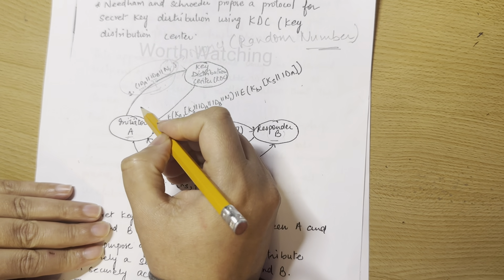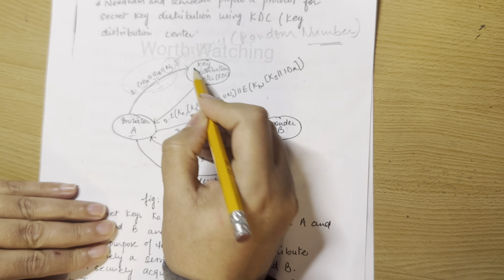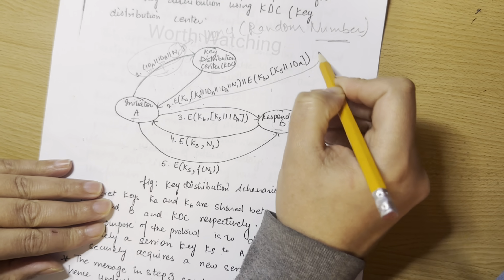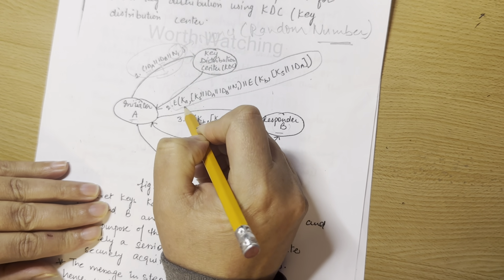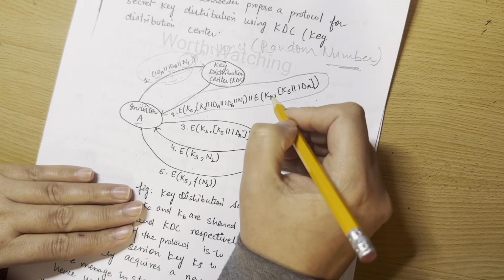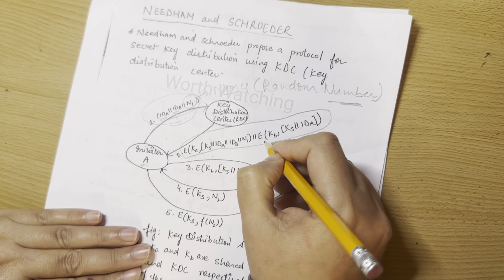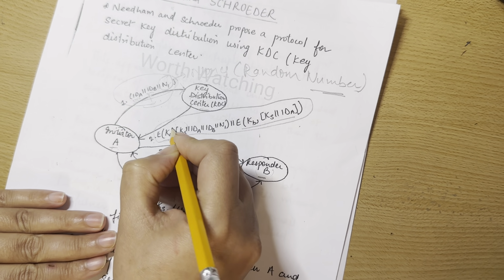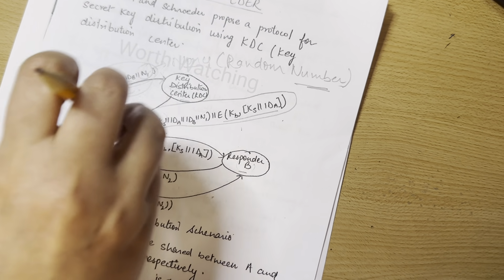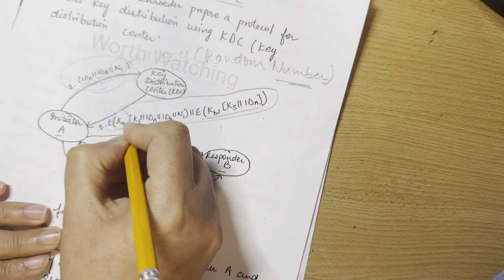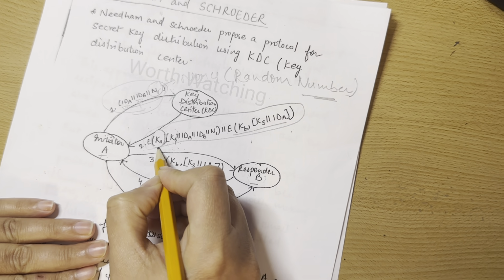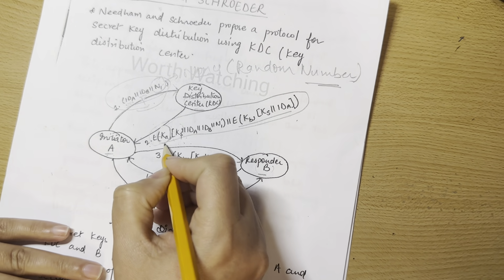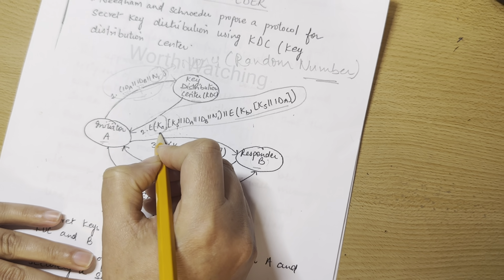So first Alice sends this message to the KDC, and the KDC in return sends a bigger message to Alice. In this message, the KDC prepares two packets. If we look carefully, there are two keys in this case. KA is a shared secret key between KDC and Alice.